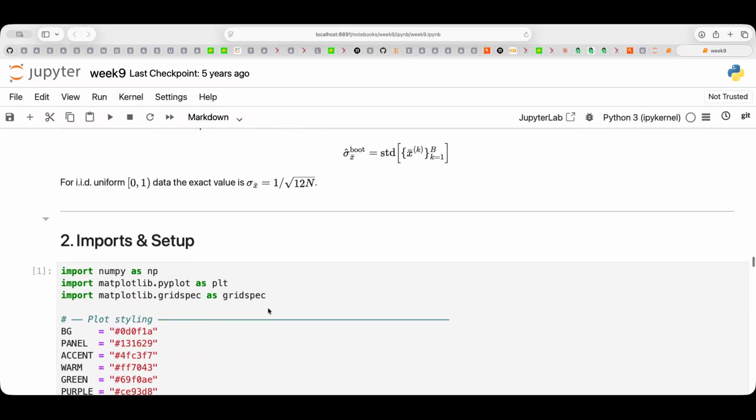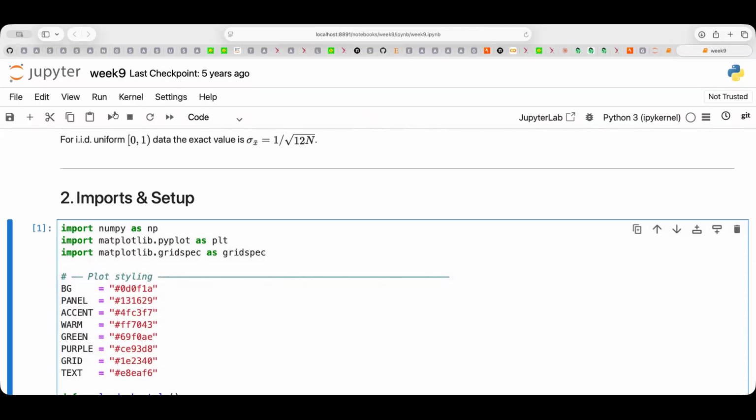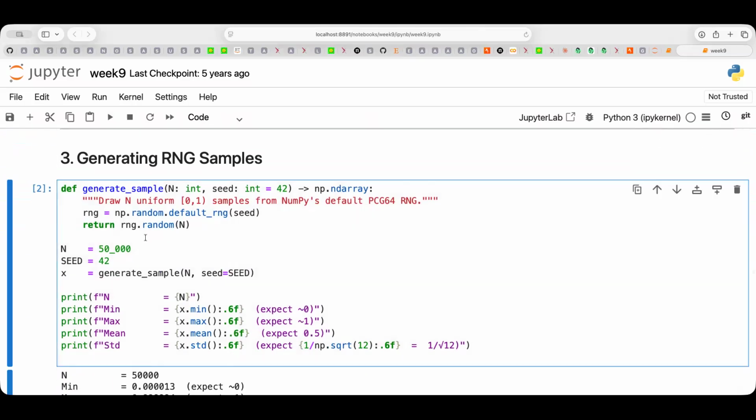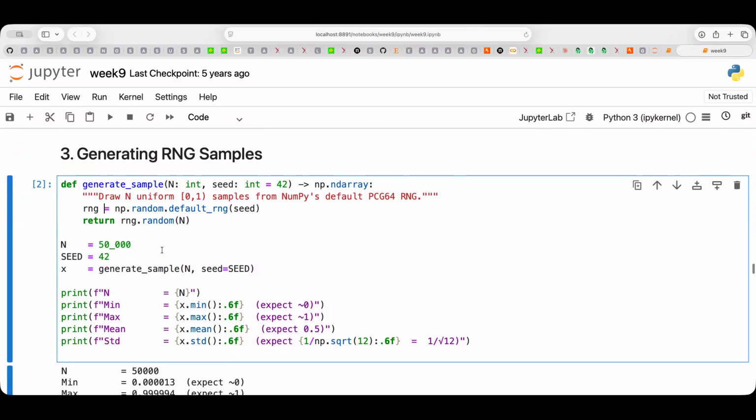So let's go back. So just a quick reminder of those results. Let me find, there we are. So these are basically the quantities we want to set up. And then we generate with a random number. So in this case, I do 50,000 numbers.